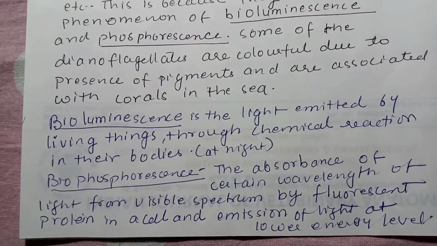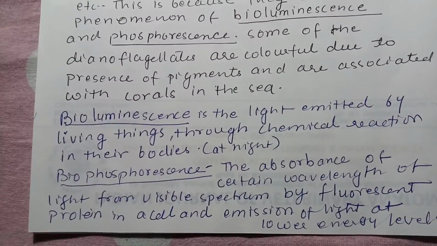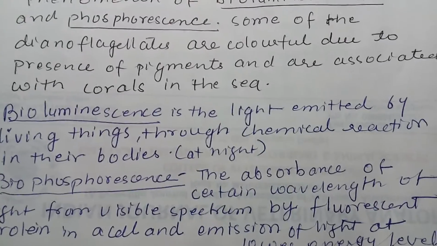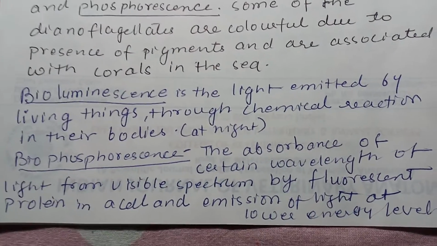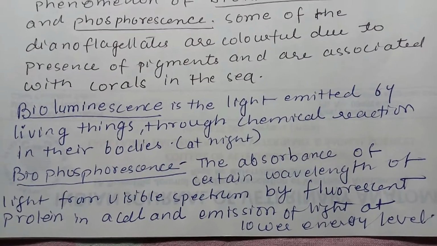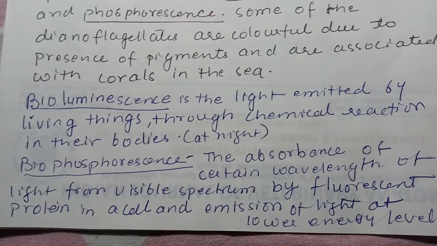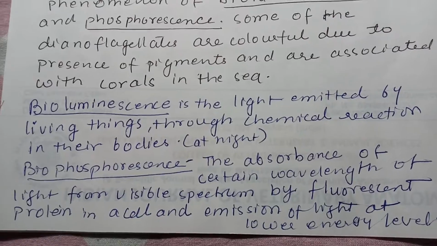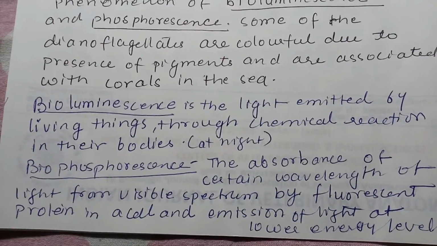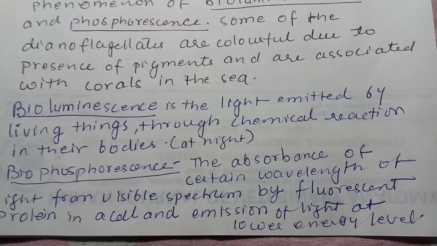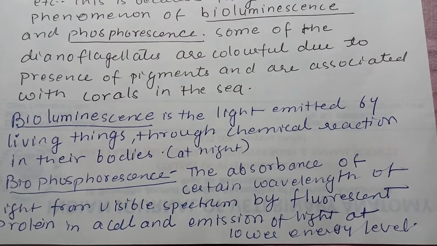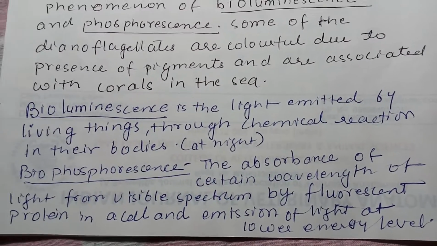Let's understand what is the difference between bioluminescence and phosphorescence. Bioluminescence is the light emitted by living things through chemical reaction in their body. So they produce the light by the chemical reaction, whereas phosphorescence is the absorbance of certain wavelengths of the visible spectrum.